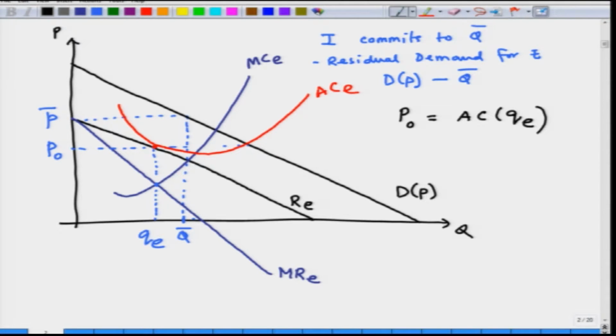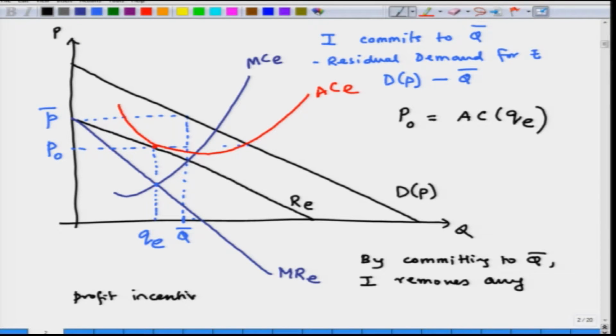So, by committing to Q bar, the incumbent removes any profit incentive for the entrant. By producing Q bar units, we get a residual demand curve RE for the entrant.